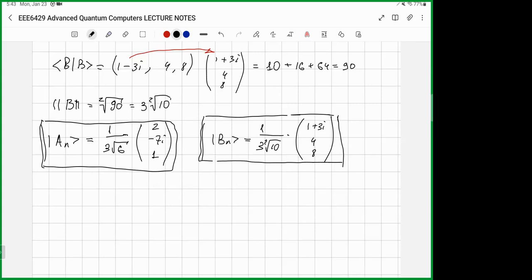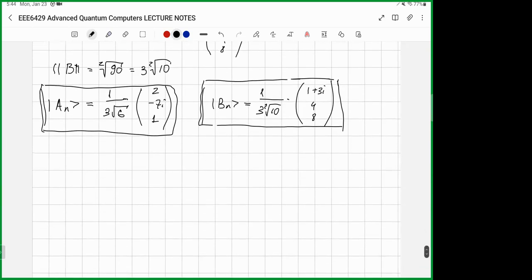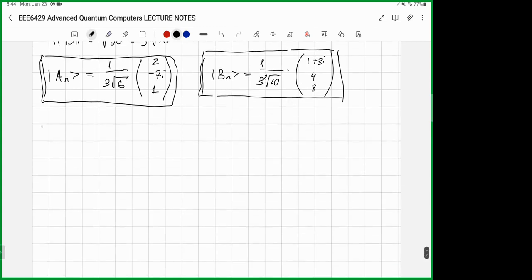The probability amplitude is 1. That's why in quantum mechanics we have to know how to normalize the vectors. Okay, so let's go to problem number 3.